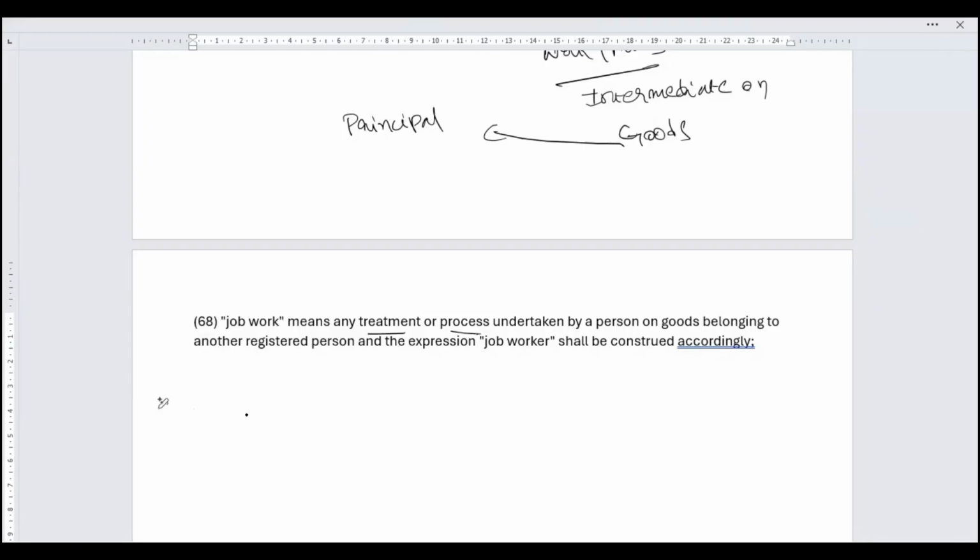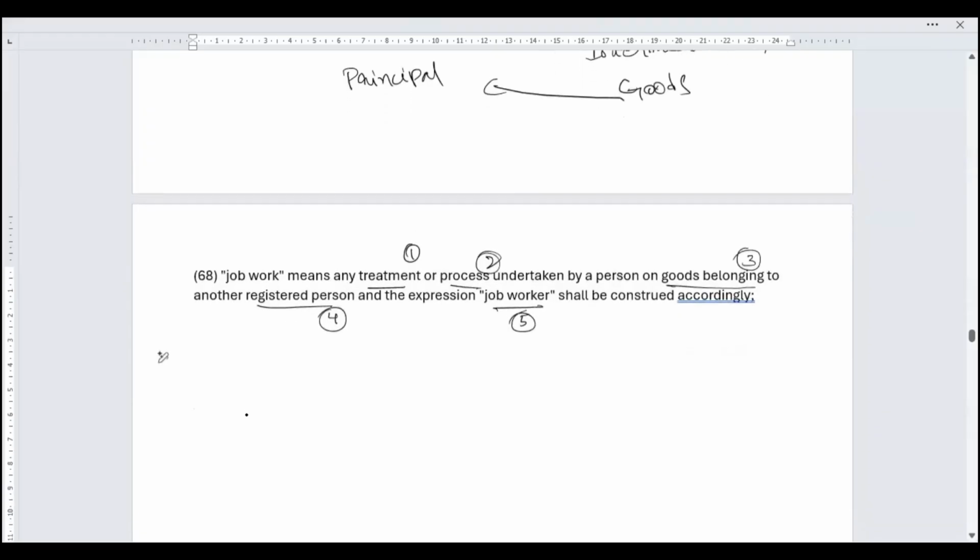This treatment or process which is undertaken on goods belonging, very important, to whom? To another registered person. And the person, job worker, shall be construed accordingly. They brought in job work as a person who does this process will be considered accordingly. This is what they say.